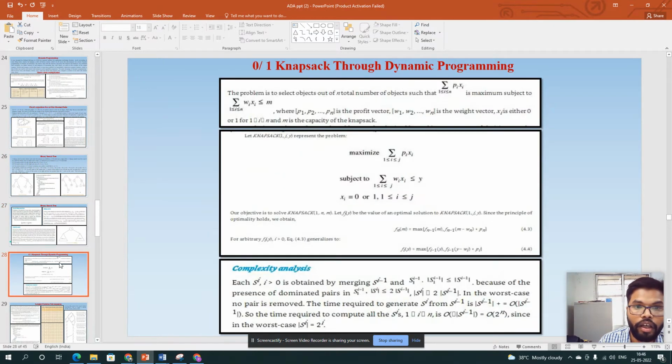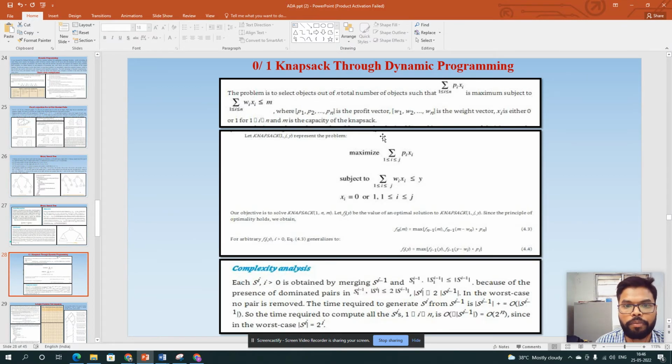Now, the 0/1 knapsack problem can also be solved by using dynamic programming. The 0/1 knapsack is different from the fractional knapsack, which was solved by using the greedy algorithm.